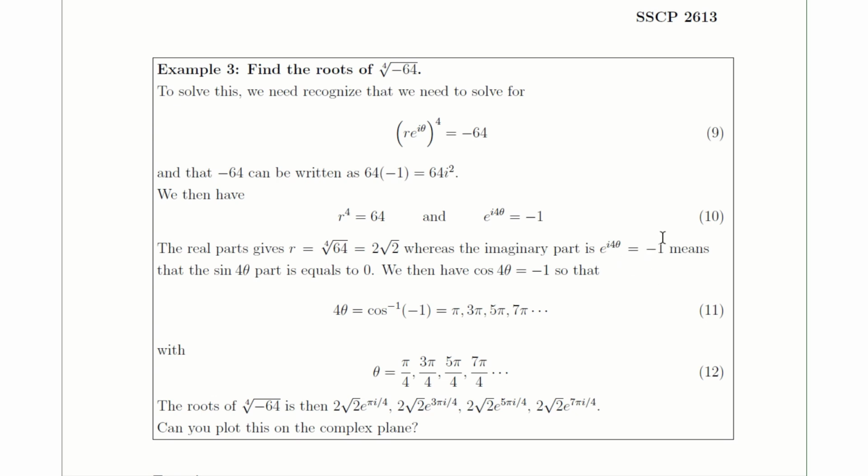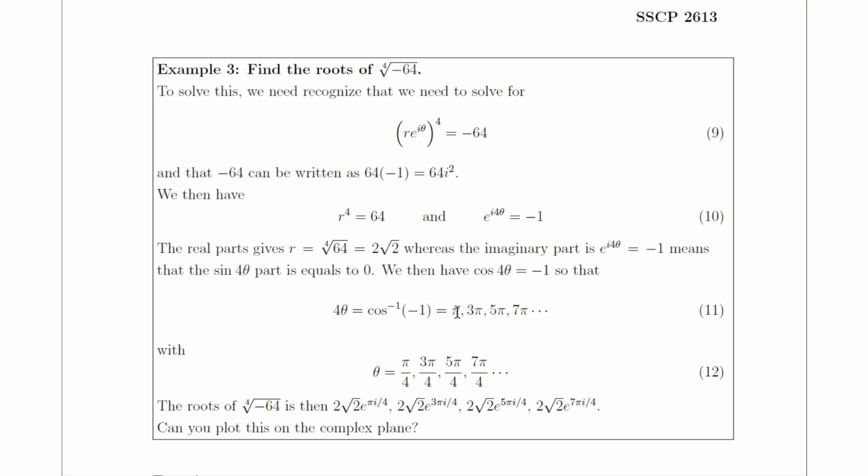There is no i on the right hand side, so it means my cos 4 theta should be equal to -1. Then I just have to rearrange a little bit so that I have 4 theta over here, and this is equal to arccos of -1. The arccos of -1 will give me pi, 3 pi, 5 pi, 7 pi, and so on.